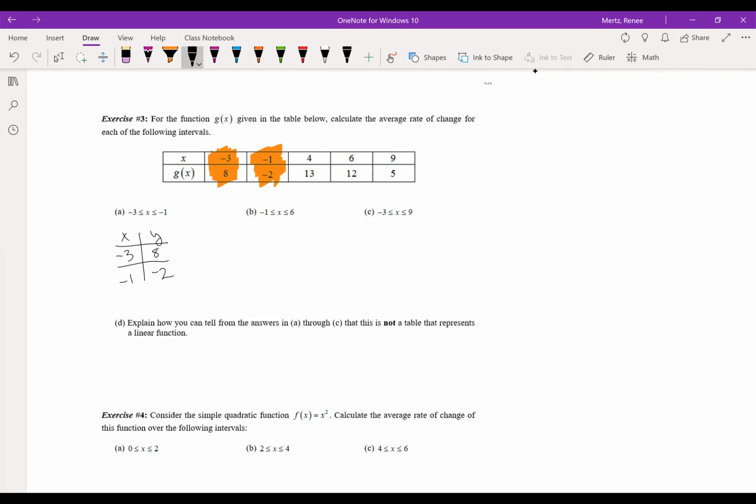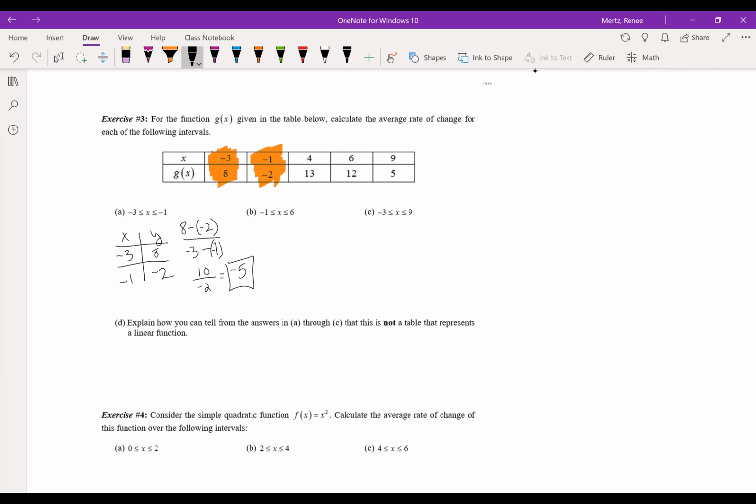I'm doing my change in Y. So Y minus a Y. So minus a negative is positive. All over -3 minus a -1, excuse me. So 8 minus a -2 is 10. -3 minus a -1 is -2, which is -5.